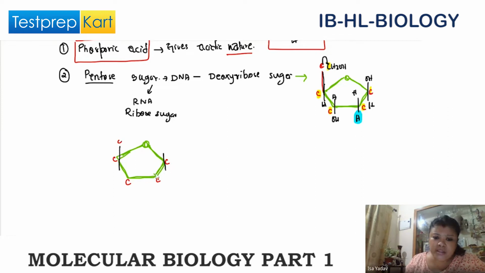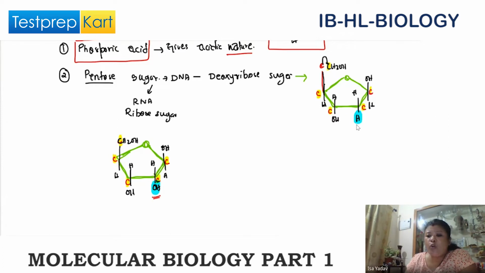So we have OH, H, H, and OH, H, OH, and CH2OH. You observe the carbon 2. And one more thing, here also 5 carbon: 1, 2, 3, 4, 5. Pentose sugar. Observe carbon 2.